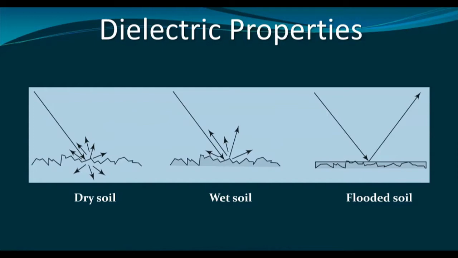In case of flooded soil, the height variation will not be there because the water will cover it, and the surface will appear as a very smooth surface, and definitely there will be a specular reflection. Because of the specular reflection, no energy is directed towards the sensor for recording, and therefore flooded soil or even water bodies generally appear darker on the radar imagery.